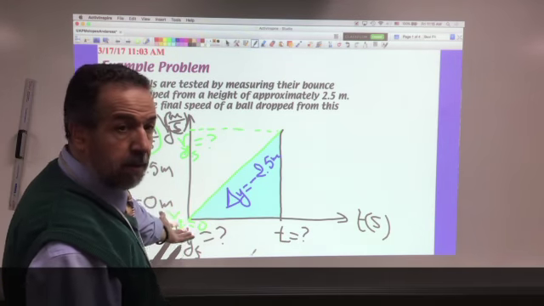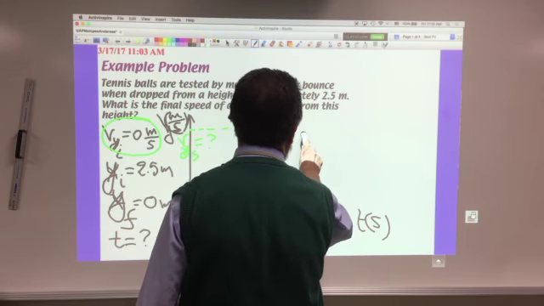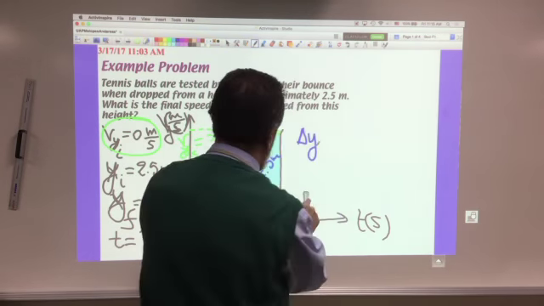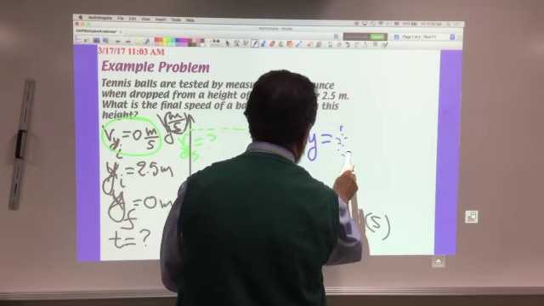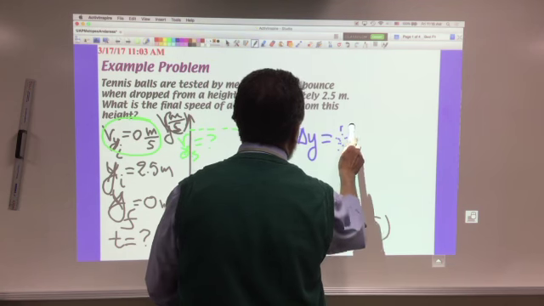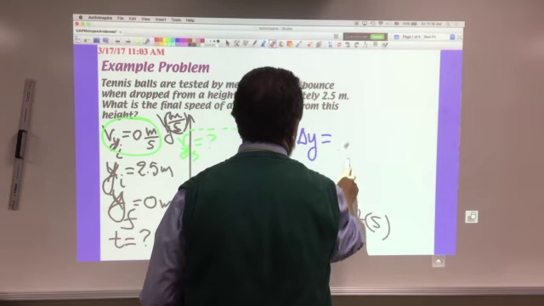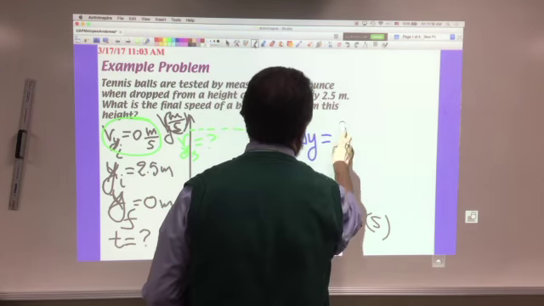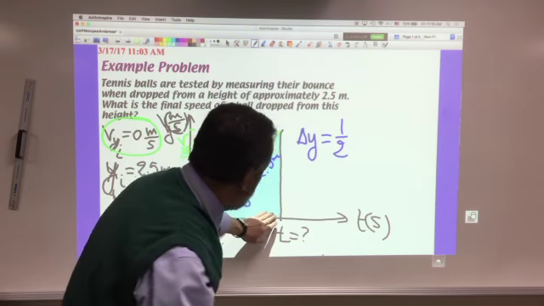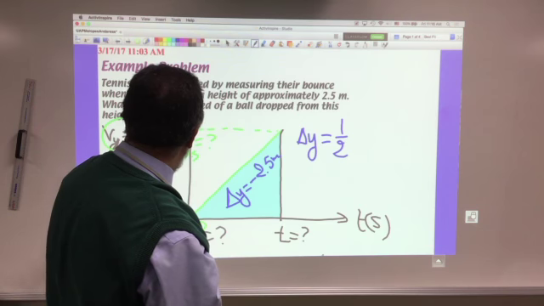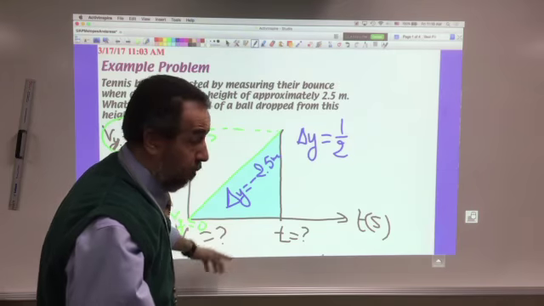I need some kind of area, so this delta y, which is the area, is equal to one half the base, which is the time, multiplied by the height, which in this case is vyf, which I don't have.